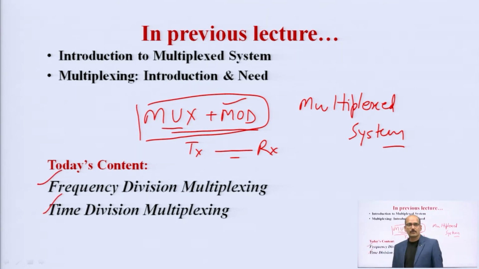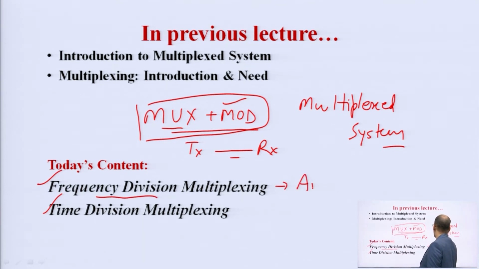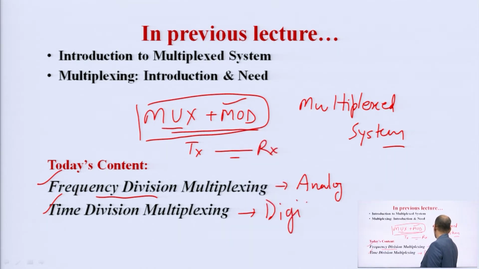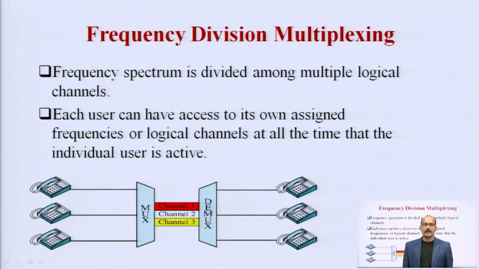I told you previously that frequency division multiplexing is used for analog signals, whereas time division multiplexing is used for digital signals. So, starting from frequency division multiplexing, what is going to happen?